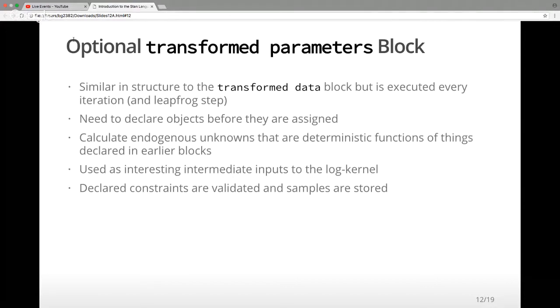You're just flipping around transformed parameters and parameters in order to get better geometry in your posterior distribution so Stan can sample from it more efficiently with less autocorrelation and stuff like that. We'll talk more about these transformations, not today, but really the rest of the semester.